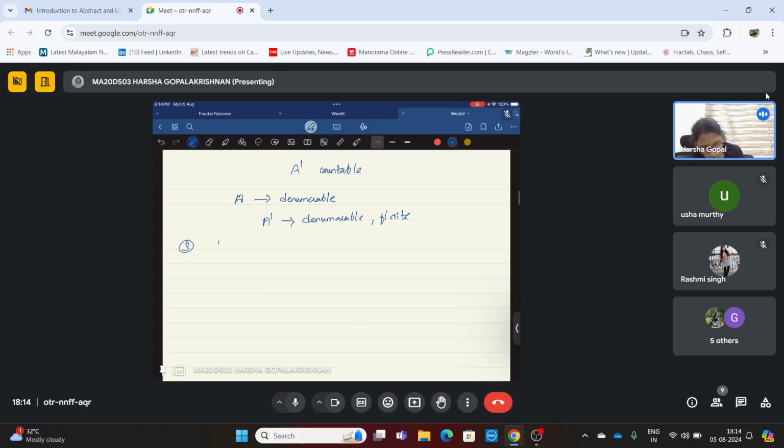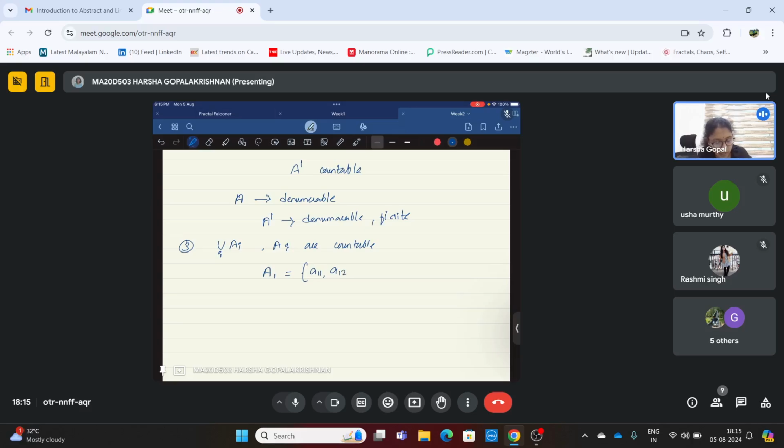So the third one is the union of Ai, where the Ai are countable. Since the Ai are countable, as I told earlier, I can list the elements of each. For example, for A1, I am listing the elements as A11, A12, A13.